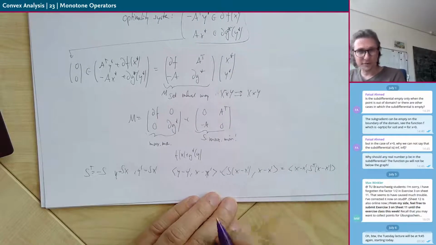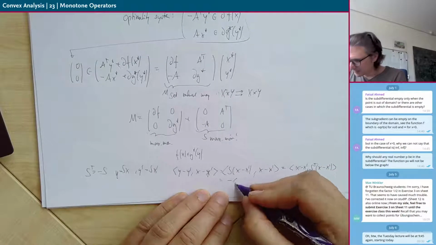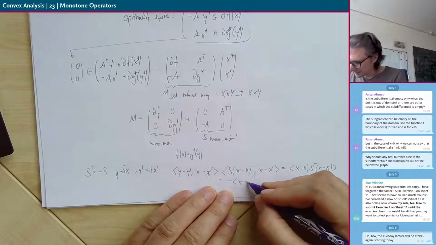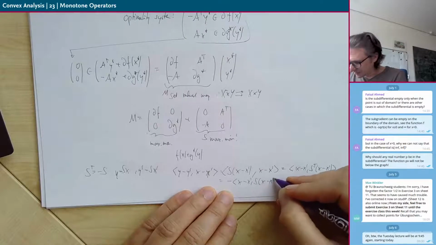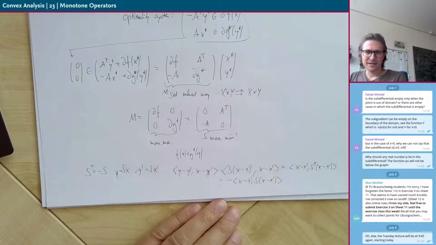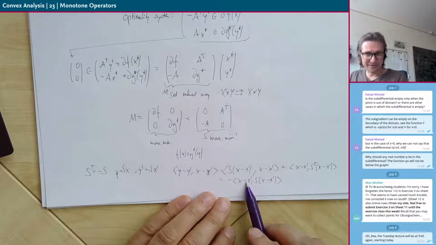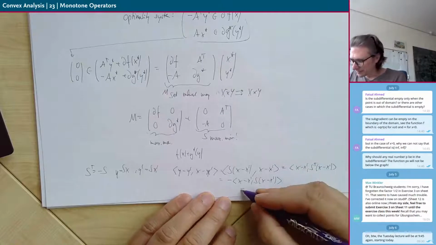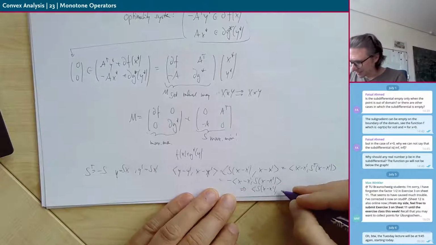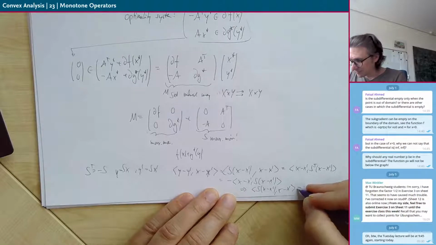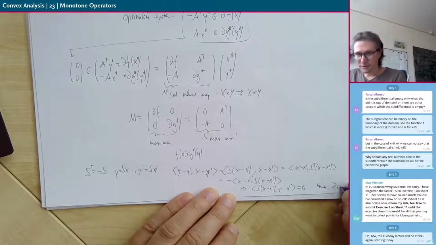But S transpose is minus S, so this is minus the inner product of x minus x prime with S of x minus x prime. So this inner product is the same as its negative, which implies that the inner product of S(x minus x prime) with x minus x prime has to be 0, and hence it's non-negative.